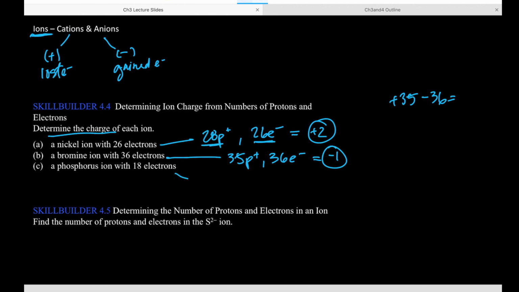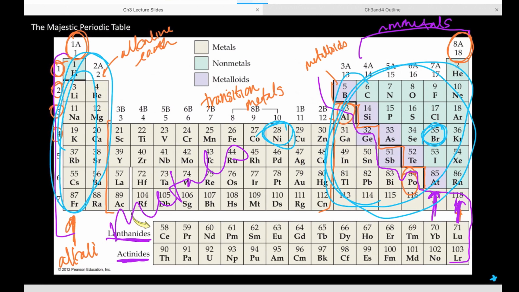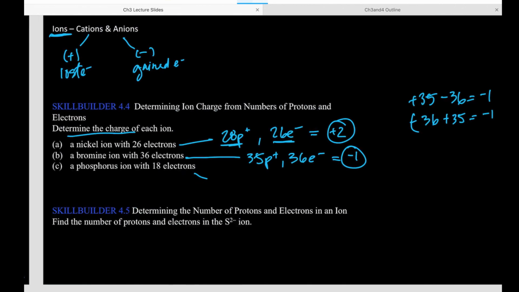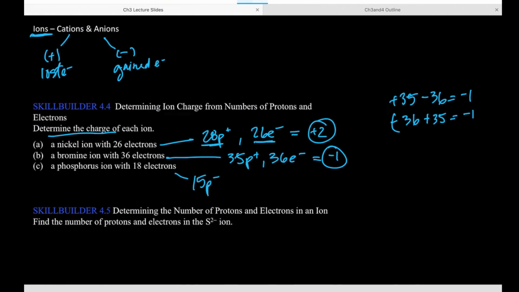And note that if we do it the other way, it's fine also. Minus 36 plus 35 still gives us -1 either way, because all we're doing is thinking about what our respective pieces are. Okay, so phosphorus ion, phosphorus, 15. So we have 15 protons and 18 electrons, which gives us, ding, ding, ding, -3.